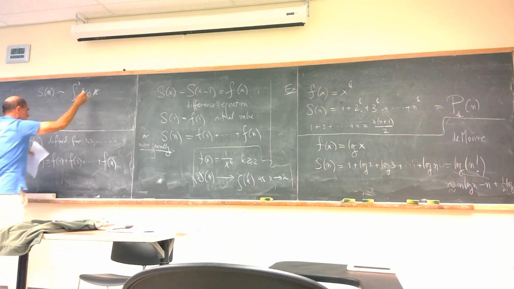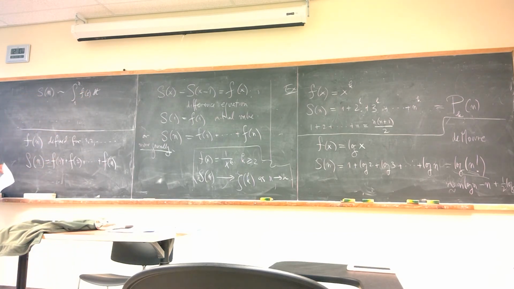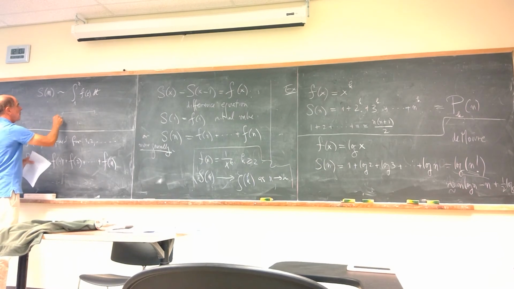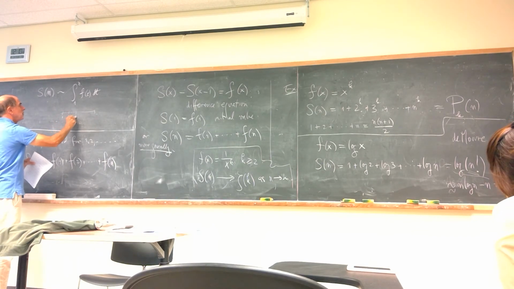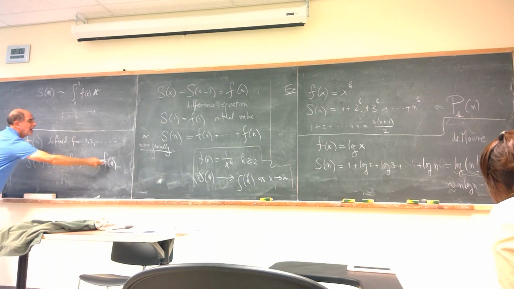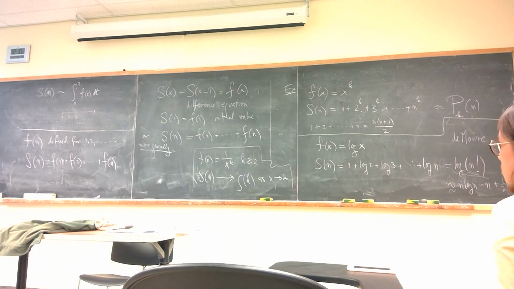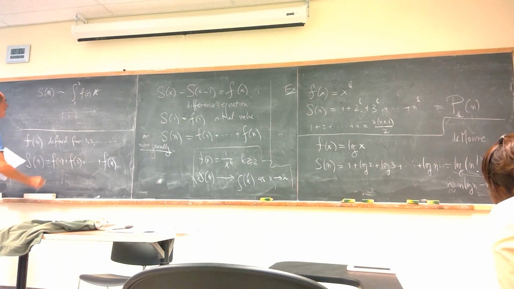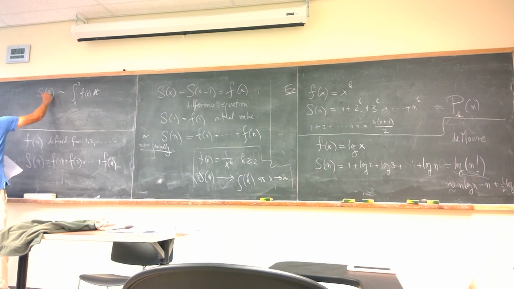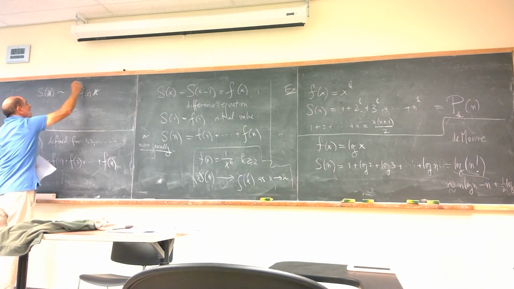Again, you need the function to be reasonably behaved, because if I calculate this integral and I divide the interval from 1 to n into 1 to 2, 2 to 3, etc., and I take the values at the endpoints, I get this, right? Okay, so why not say that we look for a solution where s of x is the integral from 1 to x.